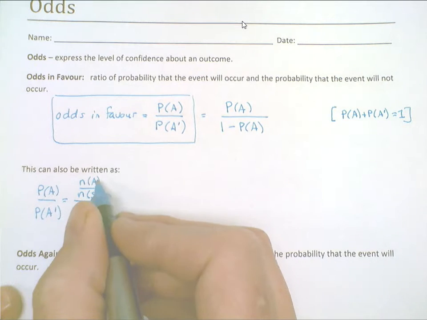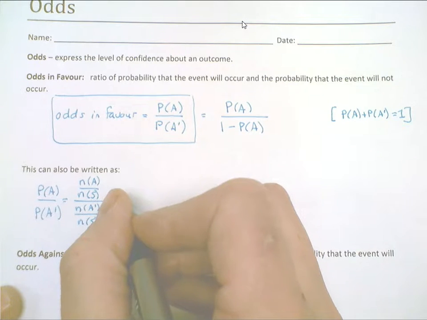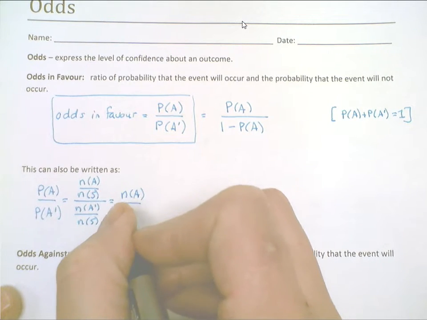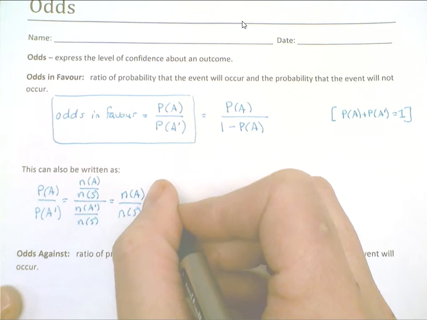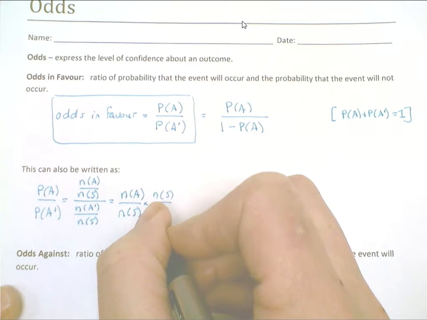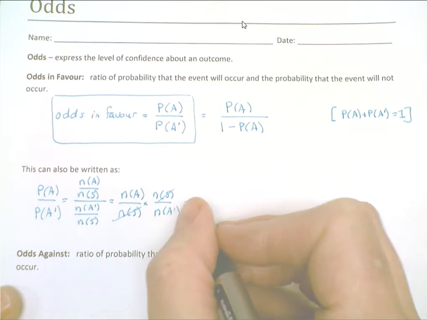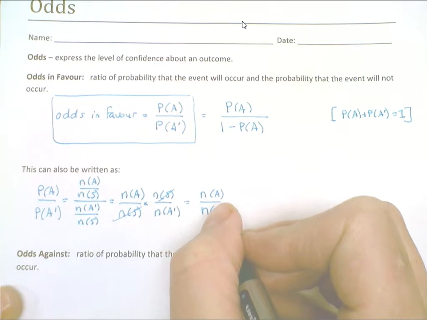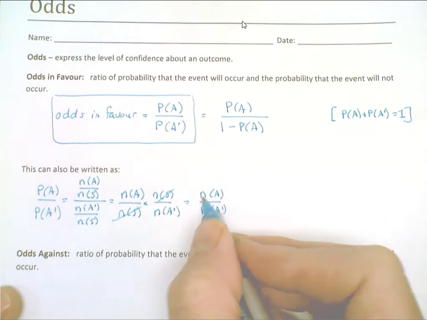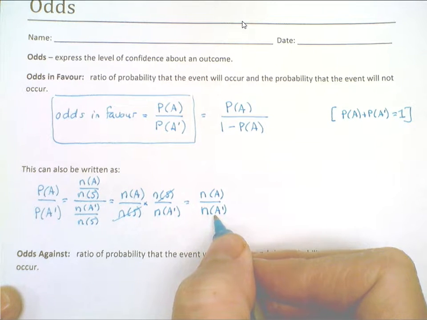If we invert and multiply, you get that it's simply a ratio of N(A), the number of times that you get success, over the number of times that you don't get success. If you're unsure about the math here, this is a time to review some of your basic math skills.